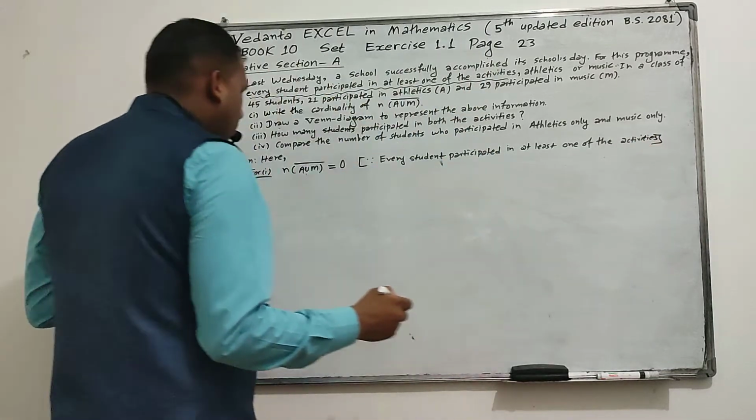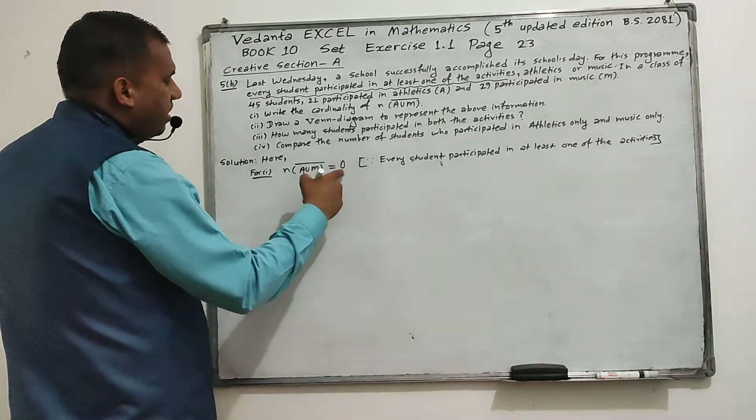So number of A union M whole complement is 0.